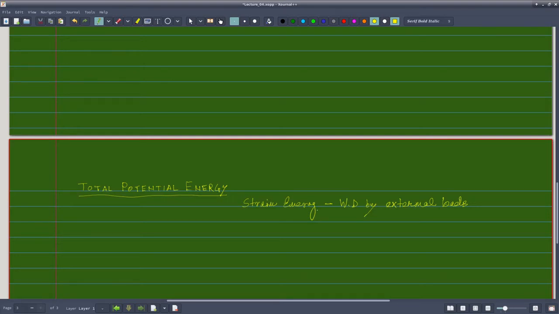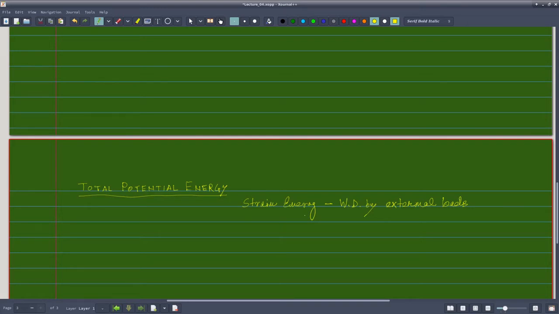So, for example, we know the strain energy of bending, we know the strain energy of axial deformation, etc. from your structural mechanics knowledge. You know their formulae. So, when we subtract the strain energy stored by the internal work done, that means strain energy is what?